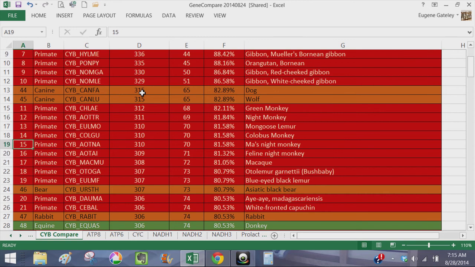Now, of the 43 primates that I have listed here, only 10 of them, so we have 33 out of 43 primates, are less similar to human than dogs and wolves are.